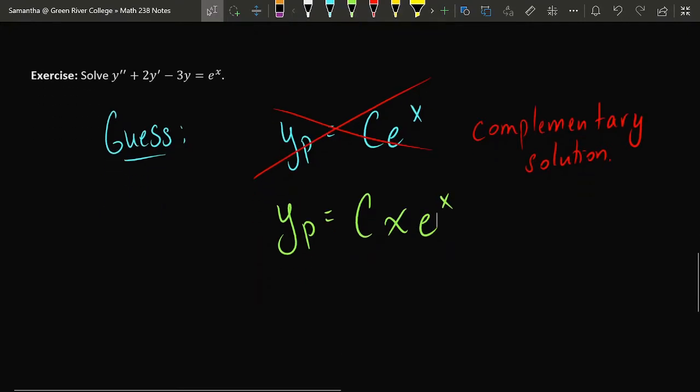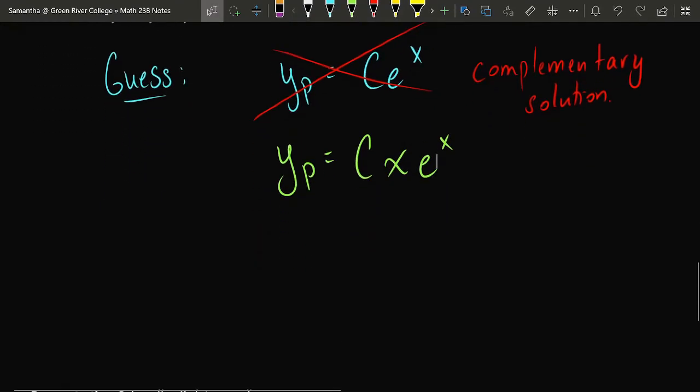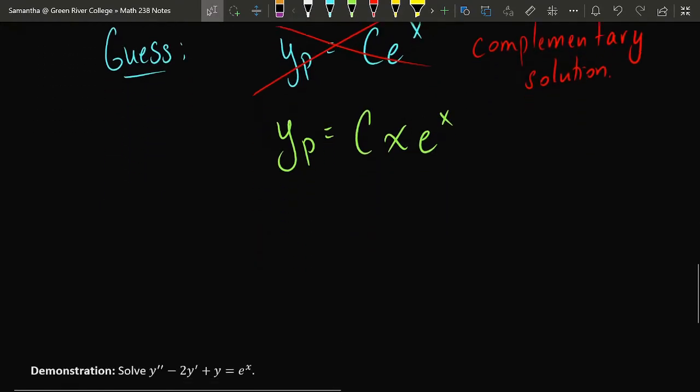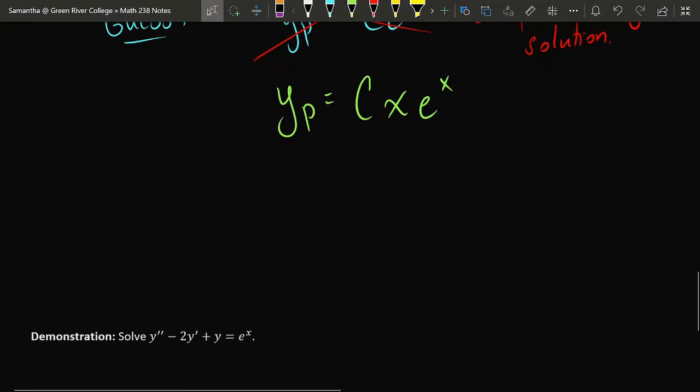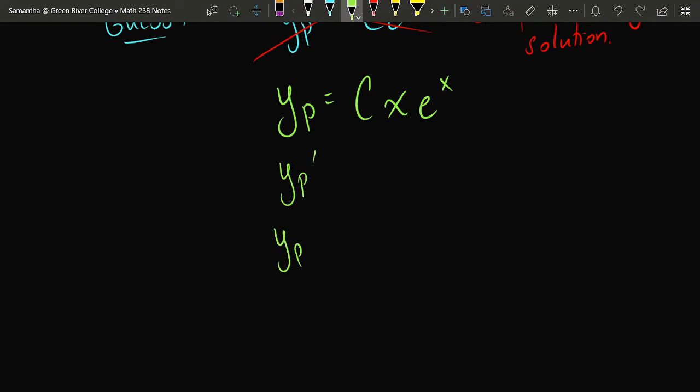I'm going to try c x e^x. Now with this guess, I'm going to use the product rule to calculate y_p' and y_p''. So we have the first times the derivative of the second, plus the second times the derivative of the first, and then again, first times the derivative of the second, plus the second times the derivative of the first.